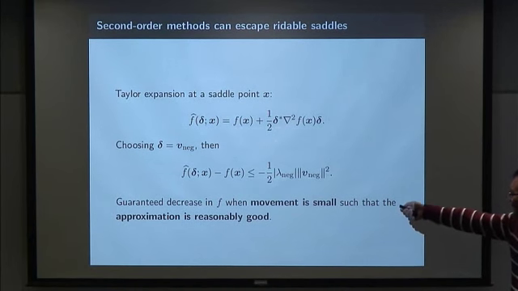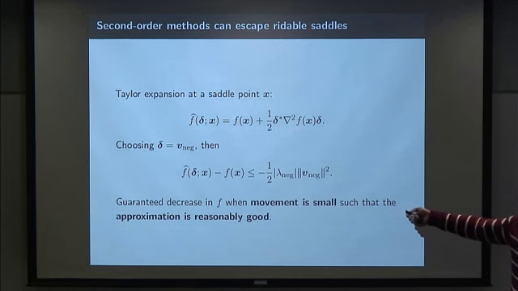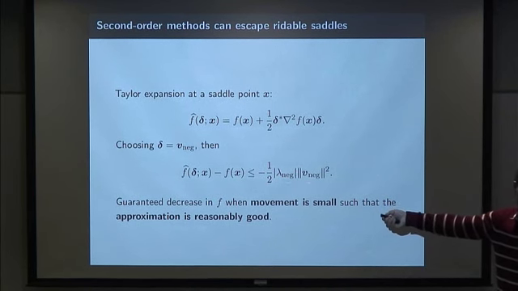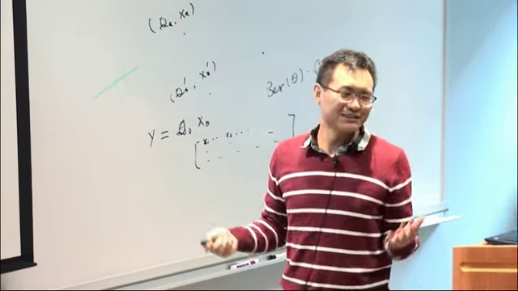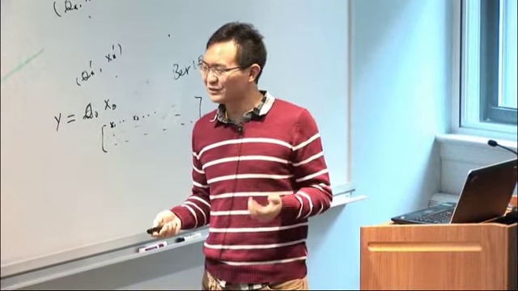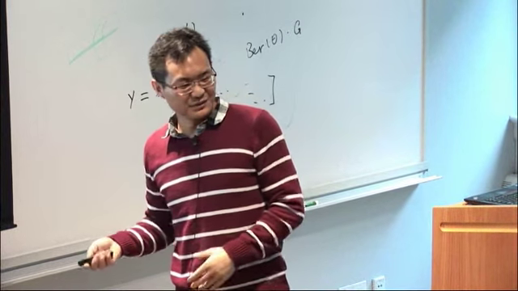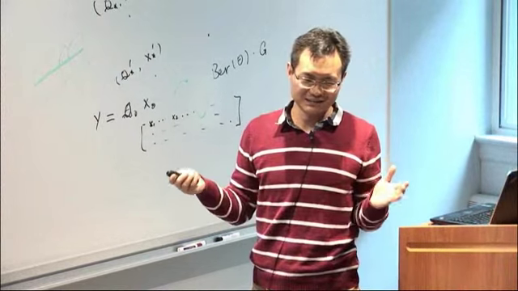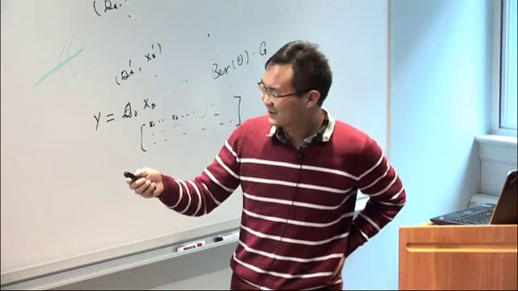And if you choose the direction you want to move as the eigenvector corresponding to the negative eigenvalue, then it's very easy to see that you can decrease the function value, right? That's the whole magic behind the second order method, and you can escape saddle points via this method. Although you could argue that in practice, people never use second order methods because they are somewhat expensive.